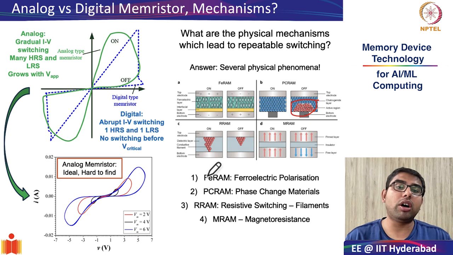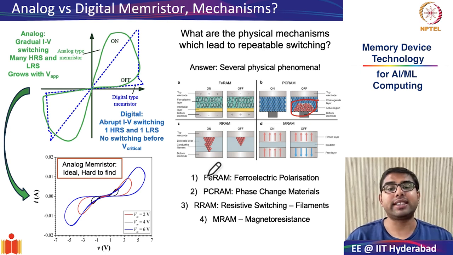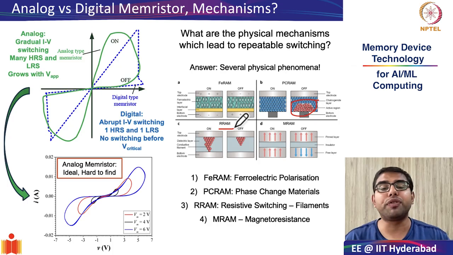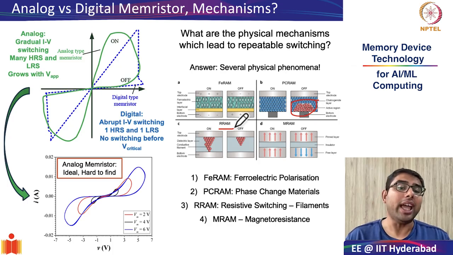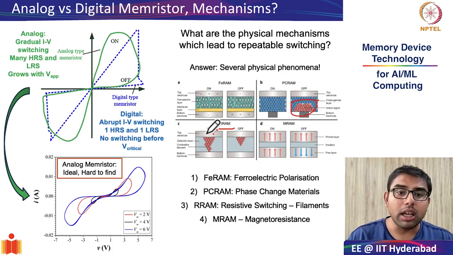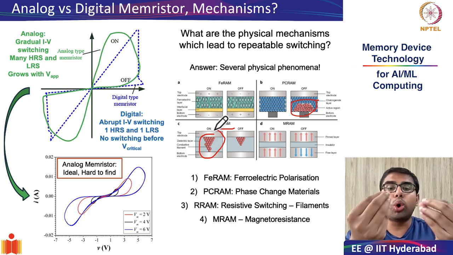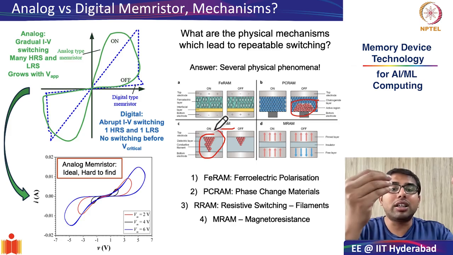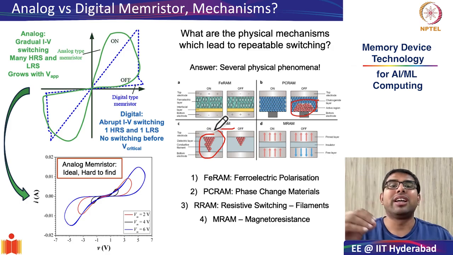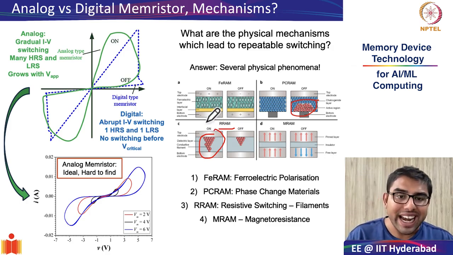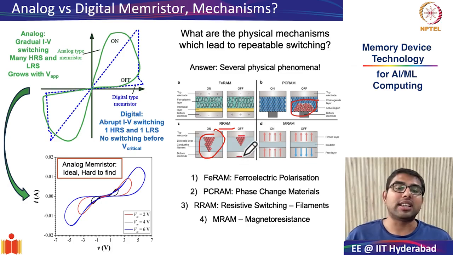The third kind of memristive device that is popularly seen is called RRAM, where R stands for resistive switching. Here, as you can see in this illustration, there is a growth of filaments or conductive hotspots within the functional layer, which connects the top electrode with the bottom electrode, therefore creating a low resistance state.